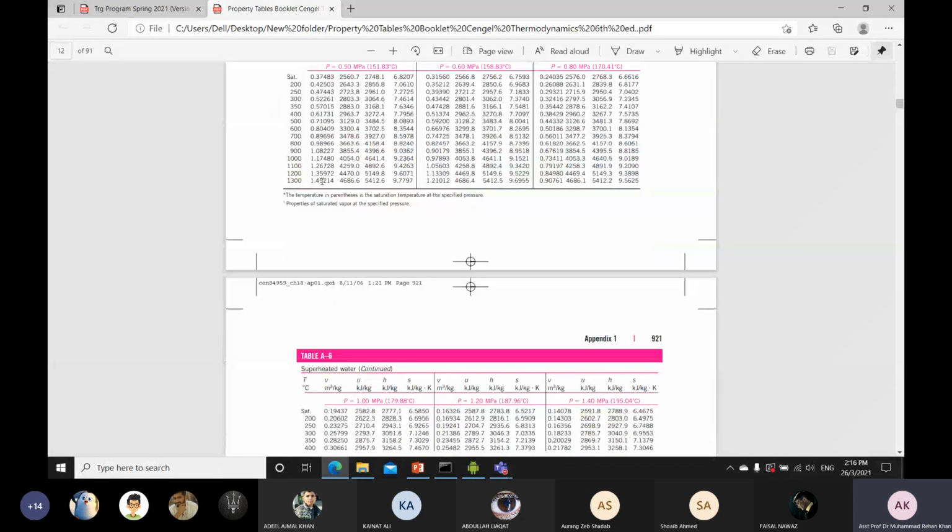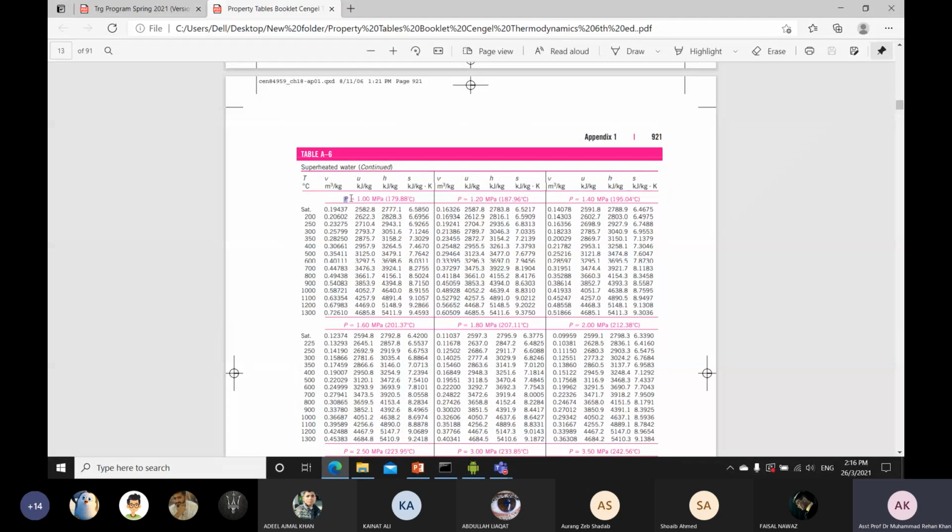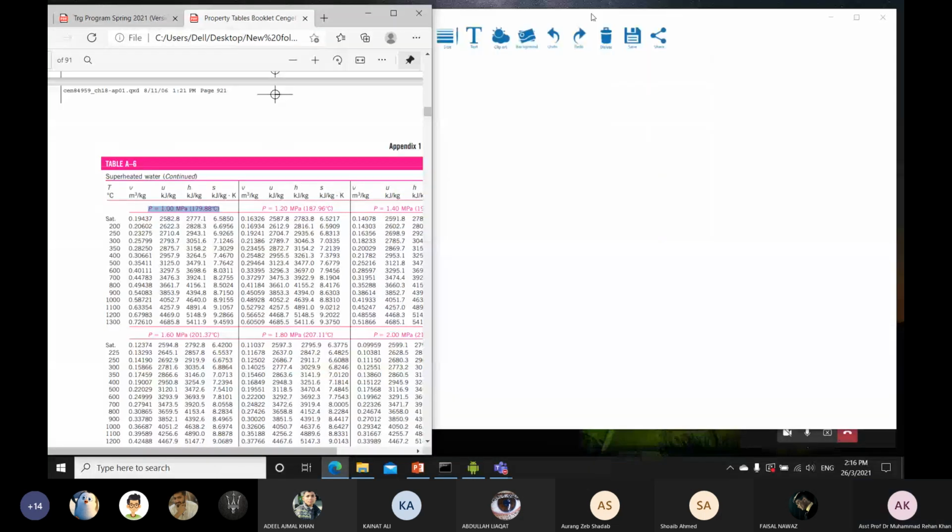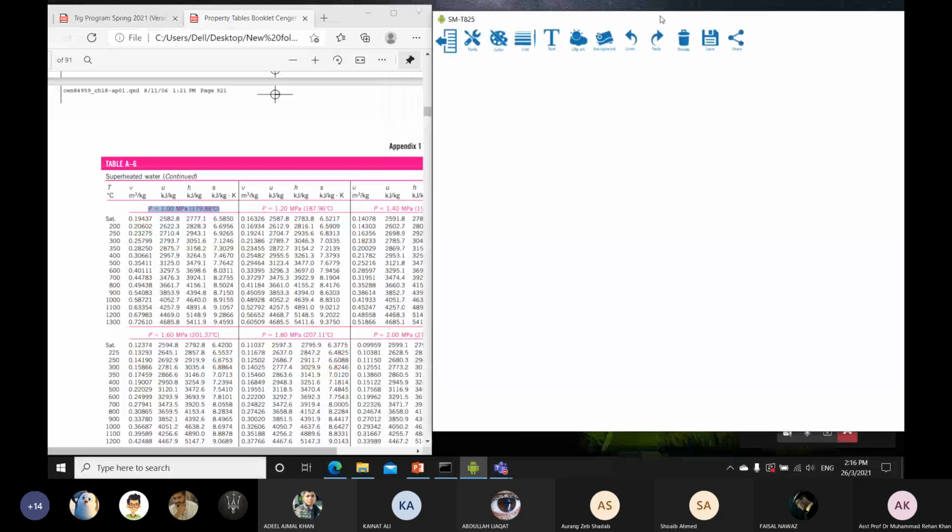We have to look for 1 megapascal in this table. 1 megapascal is this one. We already know that our entropy at point number 4 is 6.5995. We already captured this previously from point number 3.